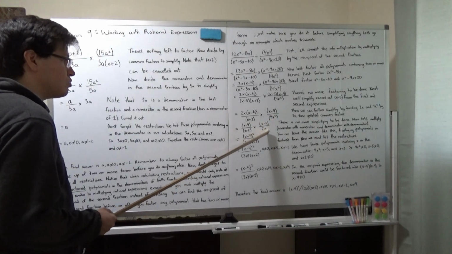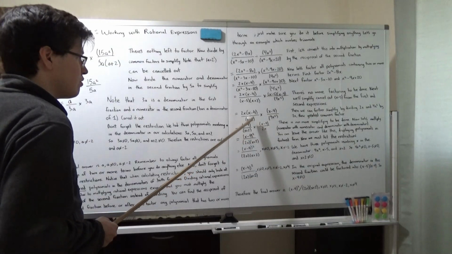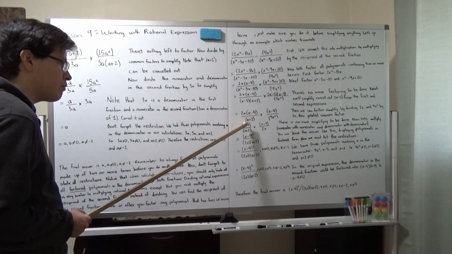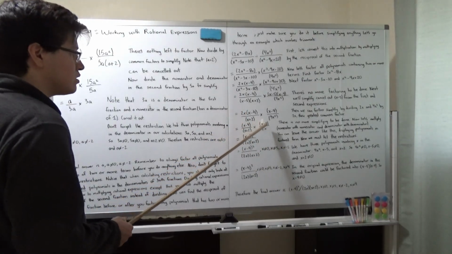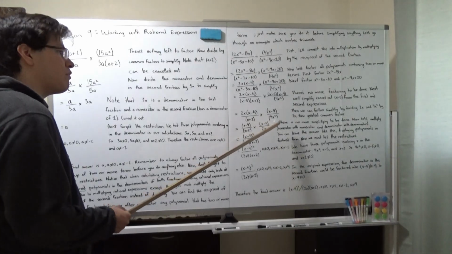So we bring down 2x in the denominator and remove the 2x from the numerator. There is no more simplifying to be done.